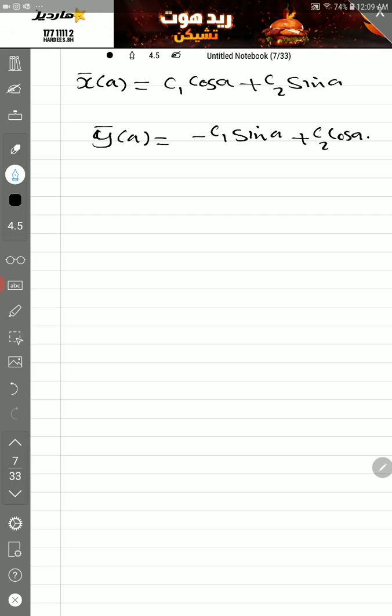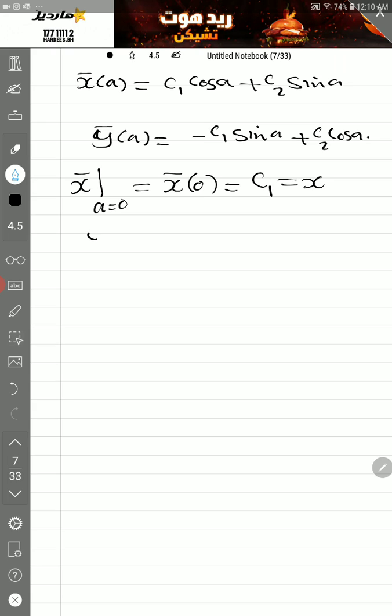So we solve the system and we find x bar, and we need now to evaluate at the initial condition. So x bar at A equal to 0: put A equal to 0 here, which is equal to x bar of 0, and x bar of 0 will give you cosine 0, so it will give you only C1, and this C1 equals x from the initial condition.